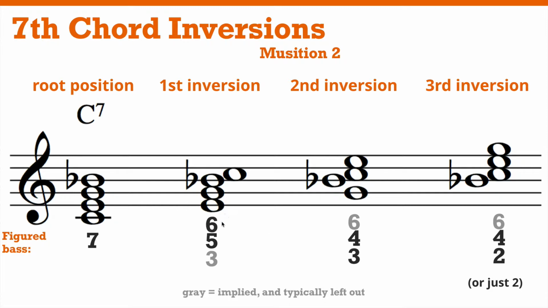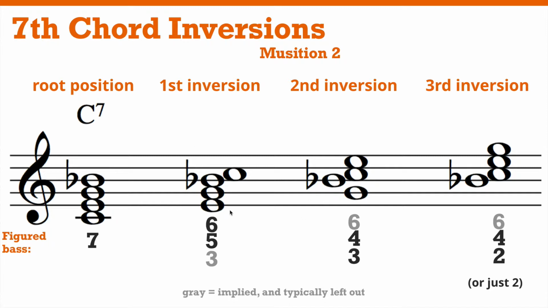So since we have the combination of an interval of a sixth, a fifth, and a third, the first inversion of a dominant seventh chord is called technically a 6-5-3, but again, they drop the 3 out. Most commonly, analytically, it's called a 6-5 chord, more commonly known as a first inversion.